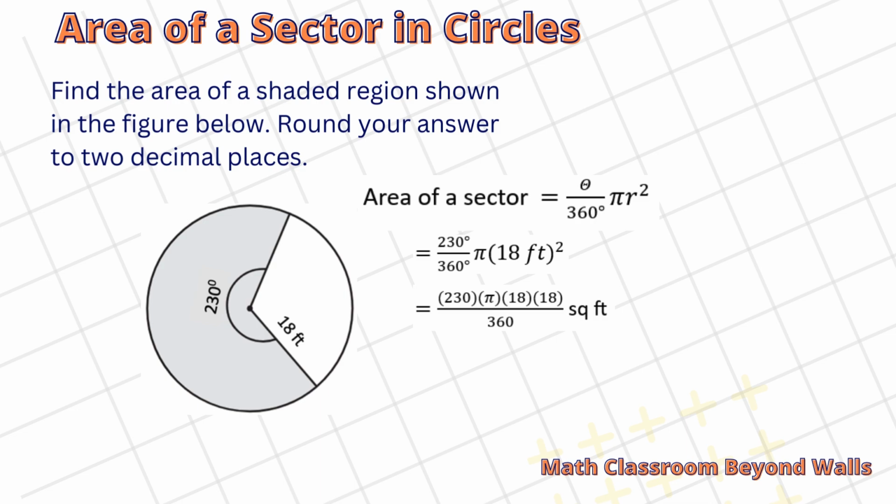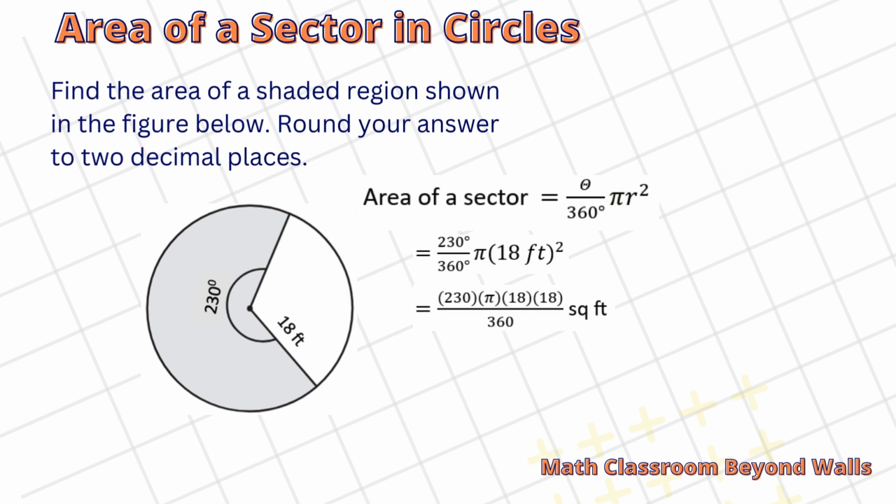As I mentioned in my other video lessons, if pi is among the numbers in the expression, as in this case, try to input pi and not the value of 3.14. This will give you a more accurate answer. But if you are instructed to use 3.14, then go ahead and use it.